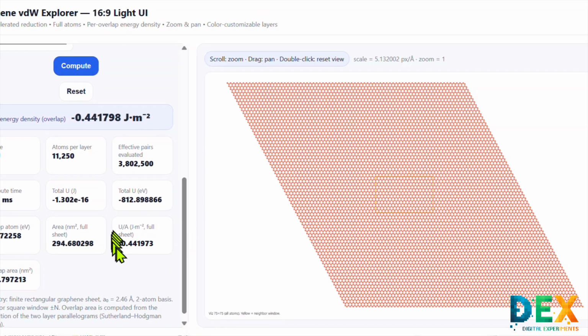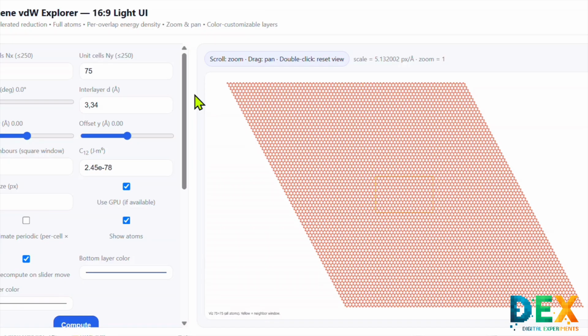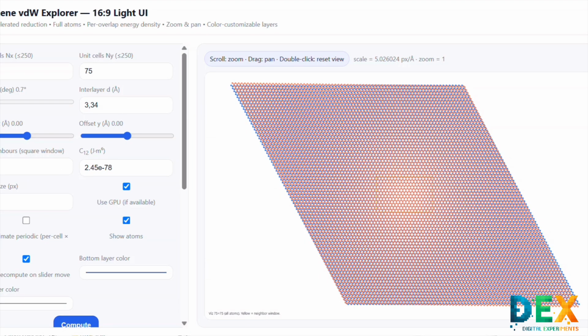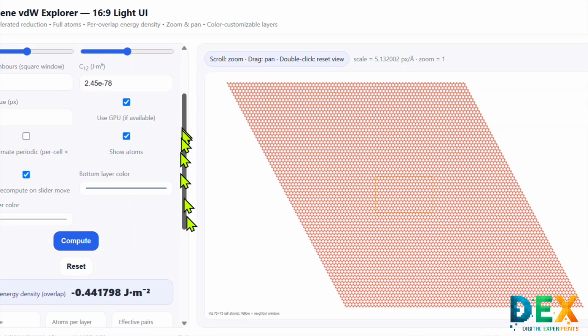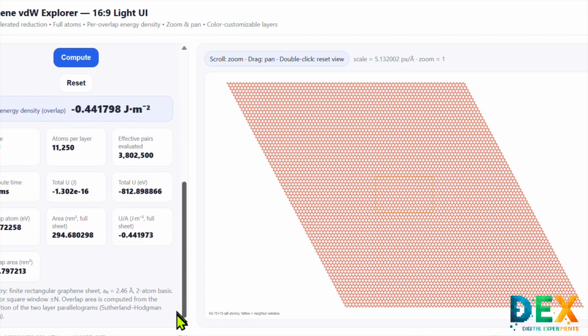So what you have down here is the van der Waals energy, and that actually compares very well with the reports on van der Waals or adhesion energy and also surface energy of graphene found experimentally. So this is something that the students can directly go in and calculate here. And what they also learn is the theory behind it. This is just a visualization that allows you to get a real-time computation of those sums and integrals that we look at in class.